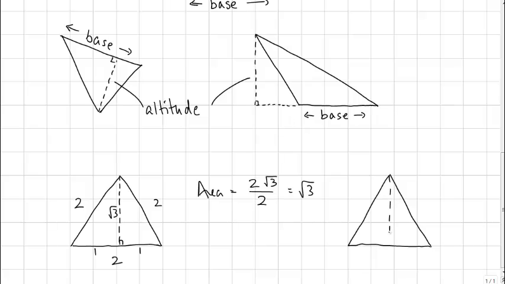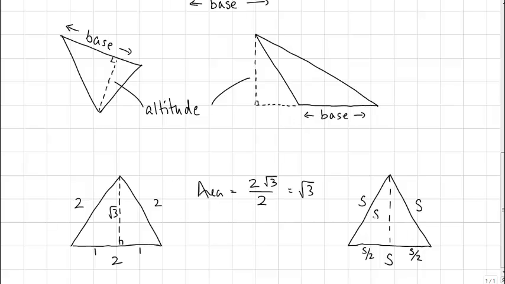If we make the side length s, all three sides are side length s, and therefore this part would be s over 2, and this part would be s over 2, and the altitude would be root 3 times s over 2.